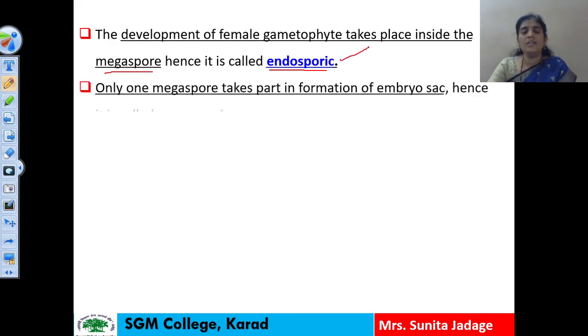And only one megaspore takes part in the formation of the embryo sac, and hence it is called a monosporic type of embryo sac. Mono means single, sporic means spore, and endo means inside the spore, and these two terms are generally used for the development of the female gametophyte inside the ovule.